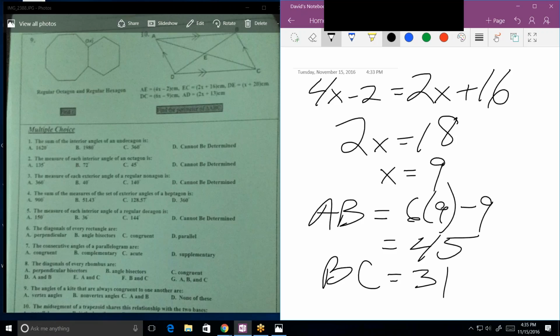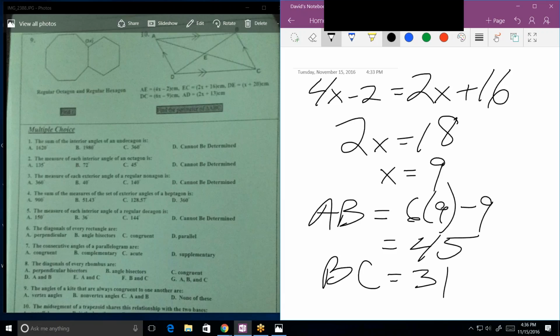And now the only thing left is AC. How long is AC? We don't need... Yeah, they want the perimeter of triangle ABC, so we need AC. Yeah, AC would have to be... I think it'd be less complicated.